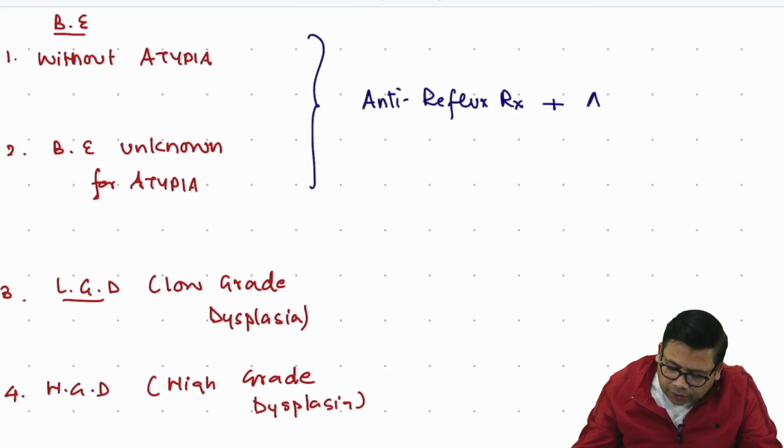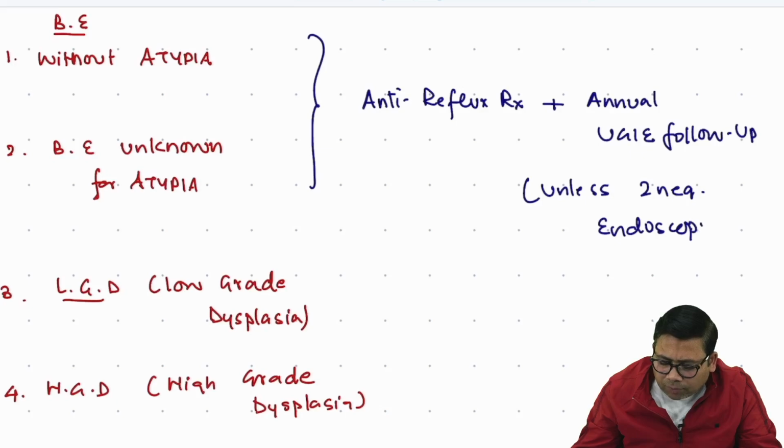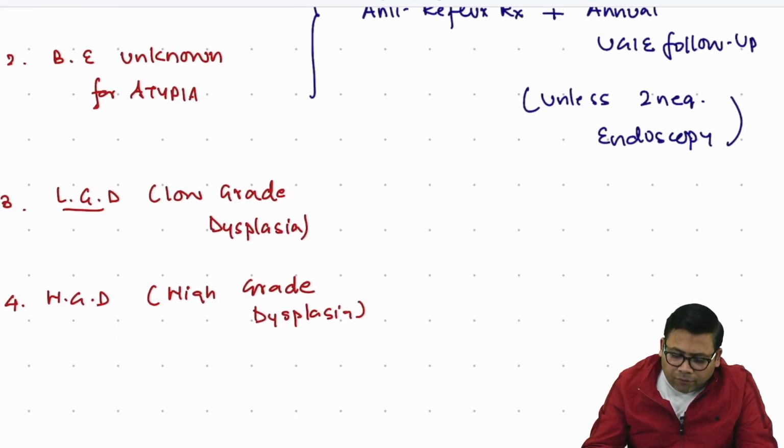So annual upper GI endoscopy, and remember this is unless two negative endoscopies. So if you have endoscopy as normal, next year again you will follow. So this is annual.